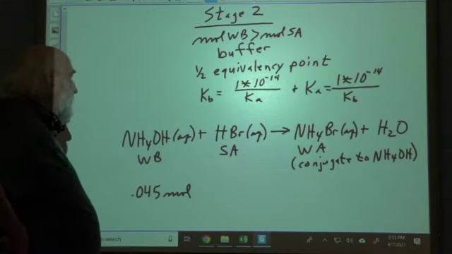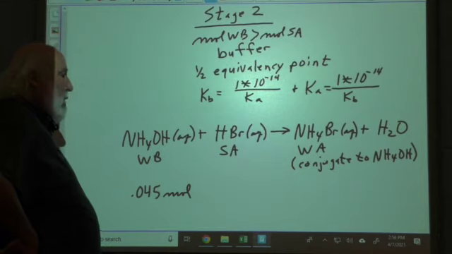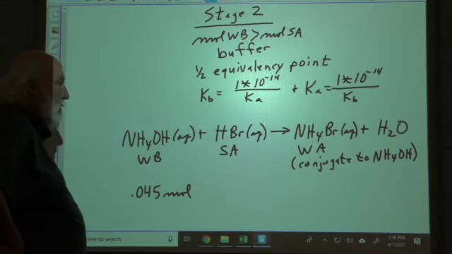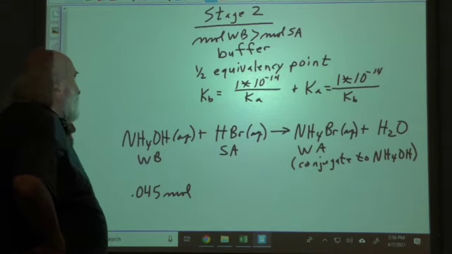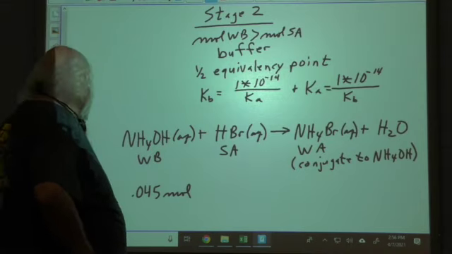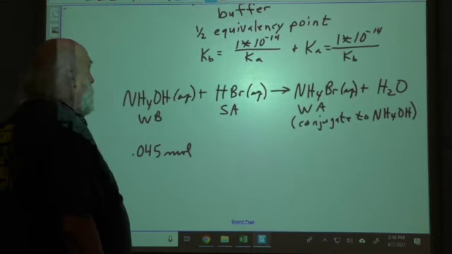Now, what's going to happen is that we have the Kb established with 1.8 times 10 to the negative 7, or negative 5 rather. So we're going to continue with that for now.